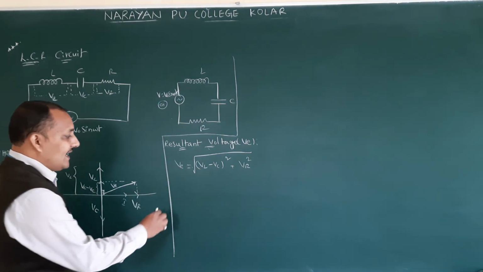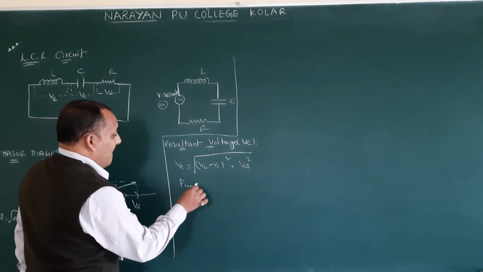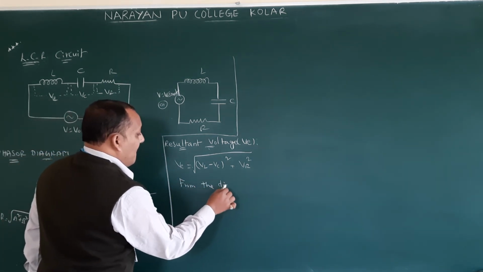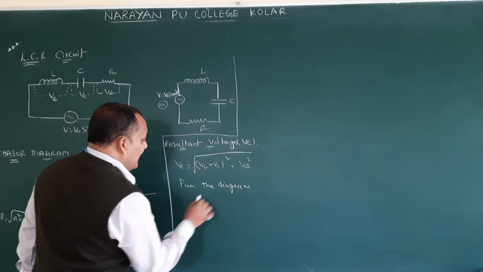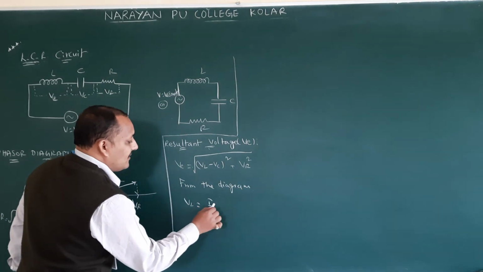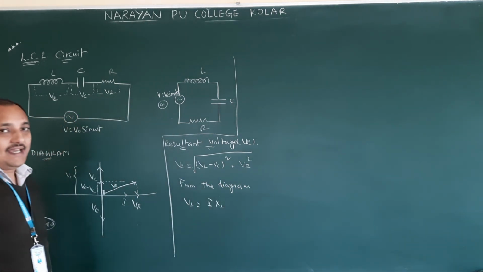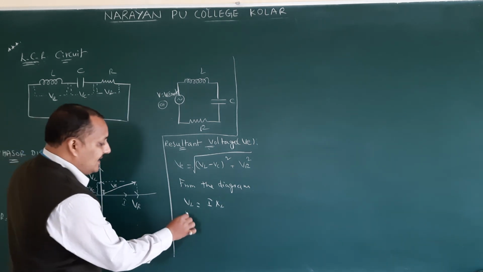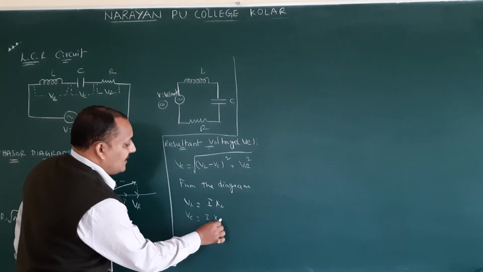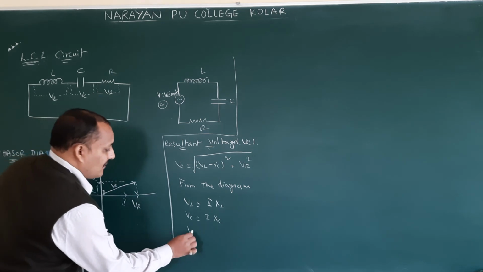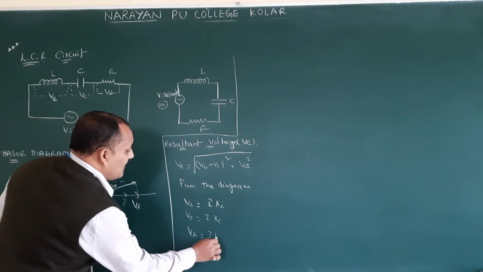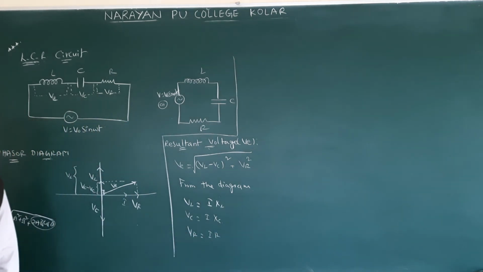VL, what I said from the diagram: VL is equal to I into XL, VC is equal to I into XC, VR is equal to I into R. Correct? So those values we have to substitute in that equation.